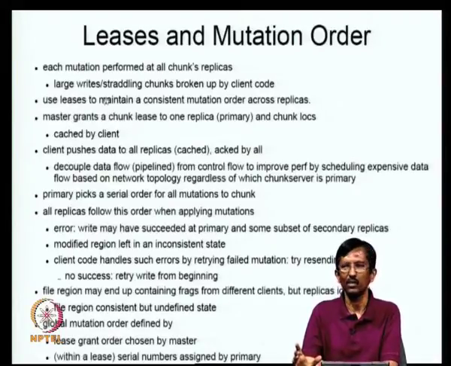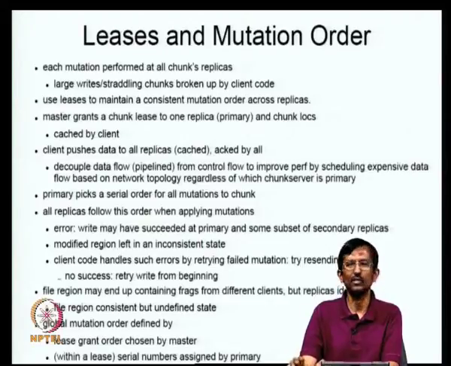The master gives one of the chunk servers a certain period in which it can be the primary for all the replicas, and if it doesn't respond back or try to get the lease again, the master can give the lease to somebody else, or it's possible that the primary has failed.